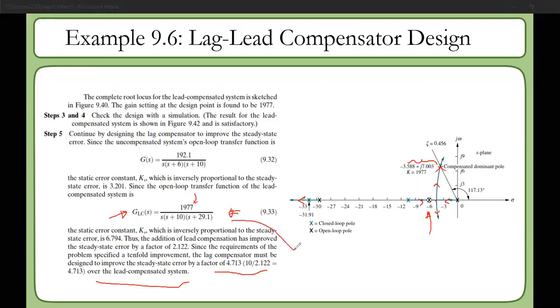So basically you have to calculate Kv because it is a type 1 system: limit s tends to 0 of s G(s) LC(s), and that will give you four points of it.